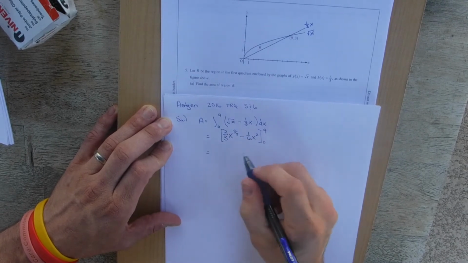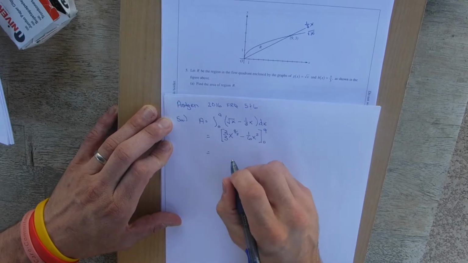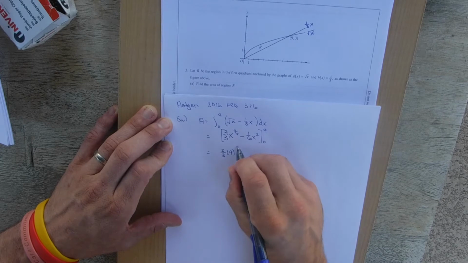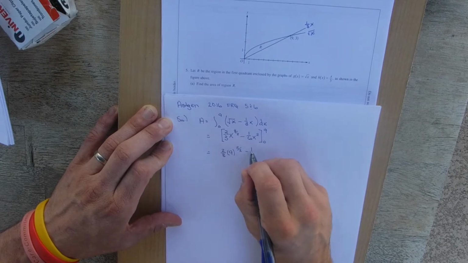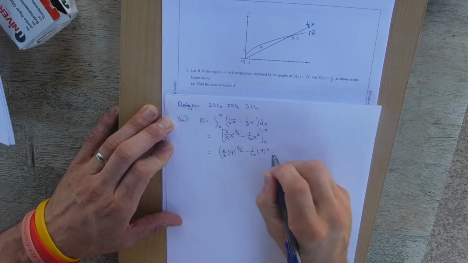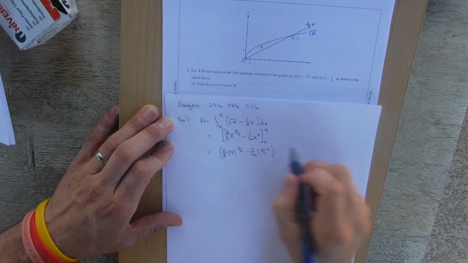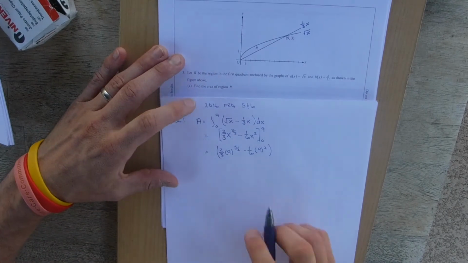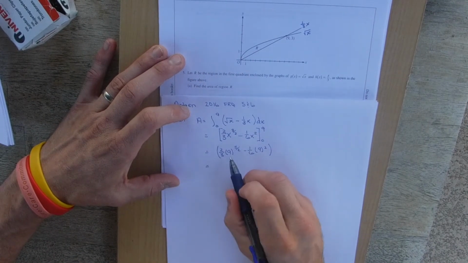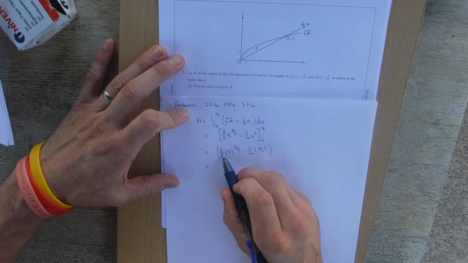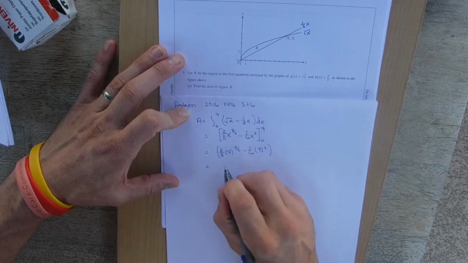So I plug in the 9 minus the 0. So the 9 is going to be 2/3 times 9 to the 3 over 2 minus 1/6 times 9 squared, minus 0, but 0 is 0, so I'm not going to worry about that. Okay, so here we go. The square root of 9 is 3. 3 to the 3rd is 27. 27 divided by 3 is 9. 9 times 2 is 18.